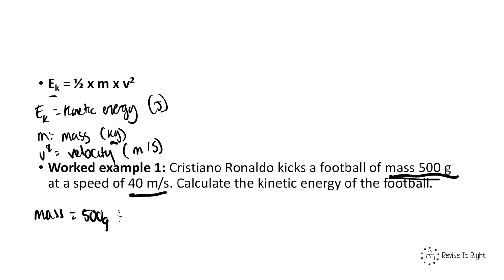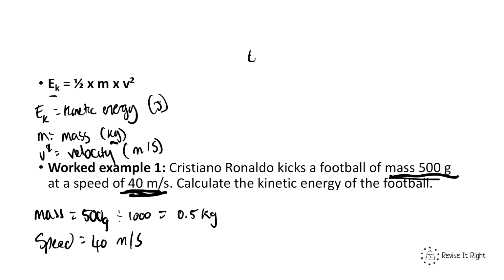Then the speed is 40 meters per second, and it wants us to calculate the kinetic energy. So we've written down the values we've got. Now we need to input these into our equation.